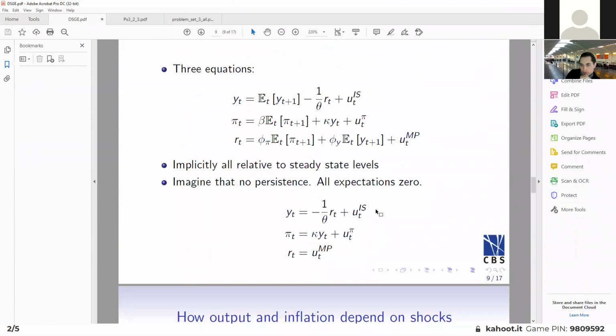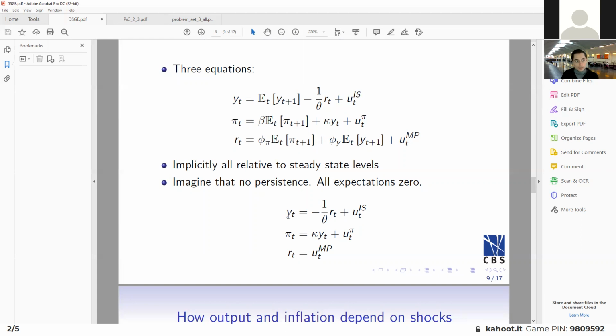There's no persistence now in the shocks, which means that the expectations of tomorrow are all going to be 0, because these are expectations relative to trend. It's what we think the output's going to be minus the trend output. So there can be growth. It's just our expectations relative to that trend. Here you can see they're all 0.